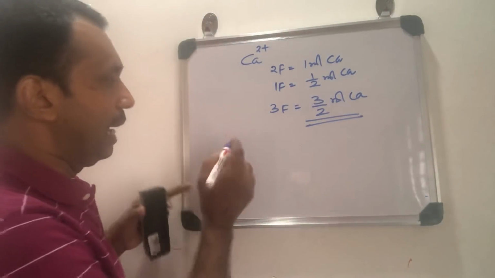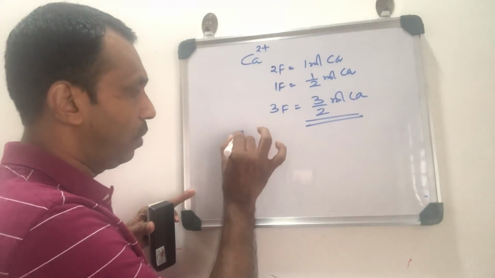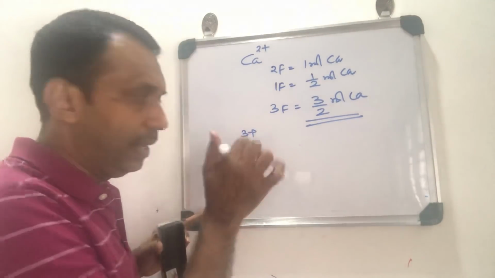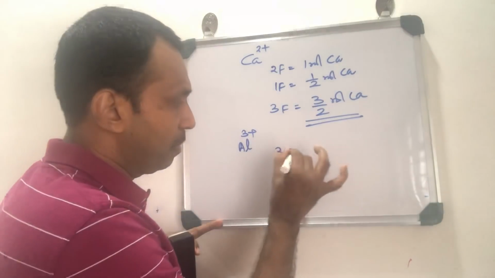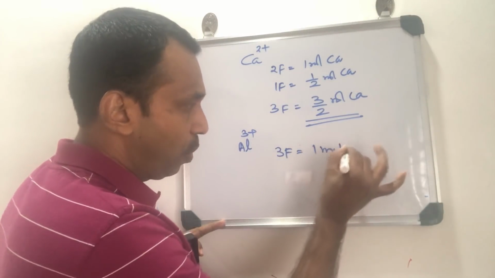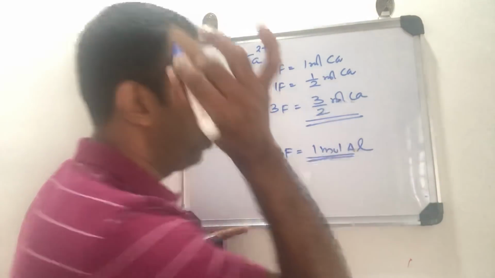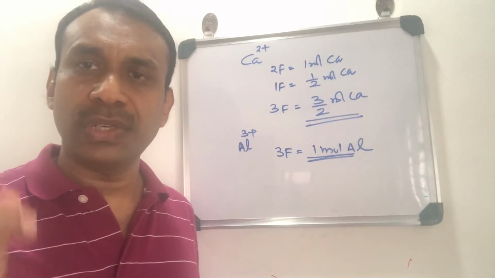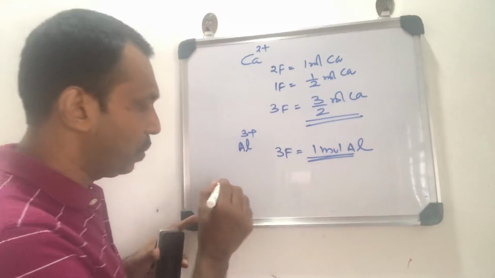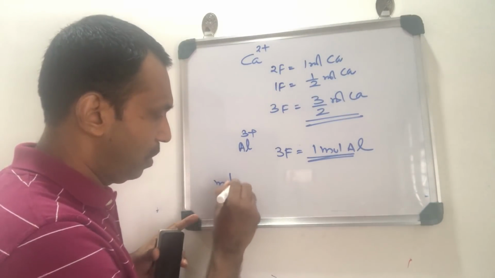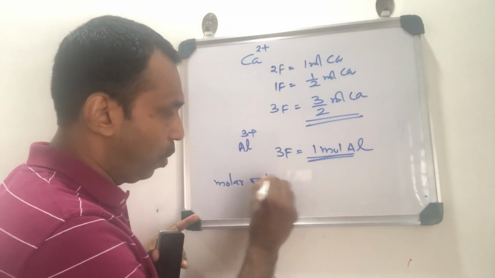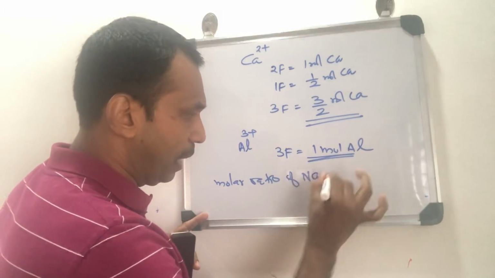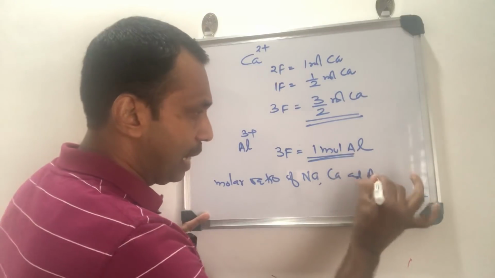Finally, aluminium ion Al3+. You see, charge 3+, so very clear. 3 Faraday will produce 1 mole aluminium. Now we get moles of each element, that means sodium, calcium, aluminium. Now we have to calculate the molar ratio of sodium, calcium and aluminium.